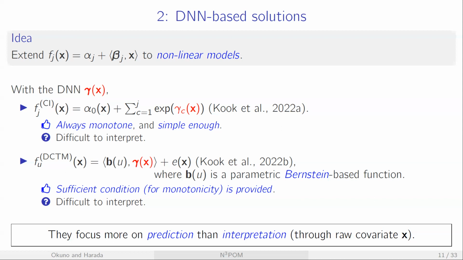By referencing previous studies, a sufficient condition for the monotonicity is provided. I think that the Bernstein-based approach is very interesting. And to be honest, I didn't have any idea to use Bernstein functions to guarantee the monotonicity. But this model transforms the covariate x by leveraging the deep neural network gamma(x). So consequently, it is still difficult to interpret the relation between the covariate x and its response. So these two models focus more on the prediction than the interpretation.